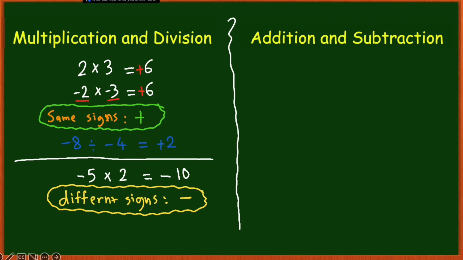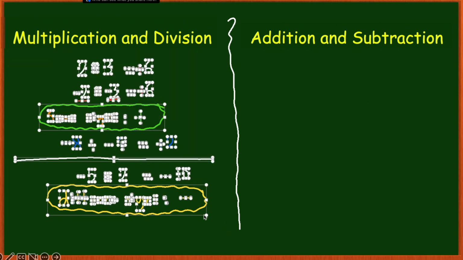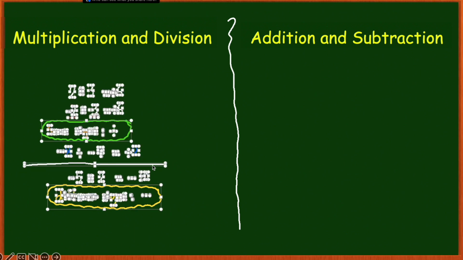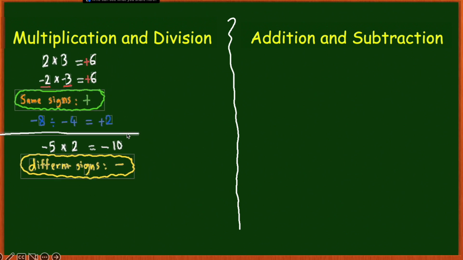Okay? But this seems like a confusing rule. What if we forgot the rule? What do we do if we just forget the rule? We don't know what to do. Well, there is another way we can follow and find the answers simply. We can draw the following face.